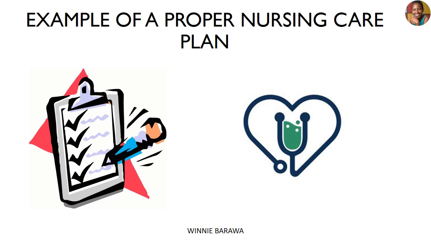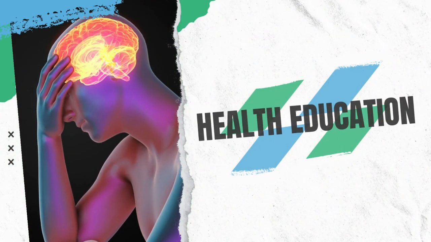And now we are in the last part, looking at how we write a proper care plan using an example. So we'll look at a few examples of nursing care plans that can be of importance if you're a student or a nurse somewhere who has been struggling in this area.